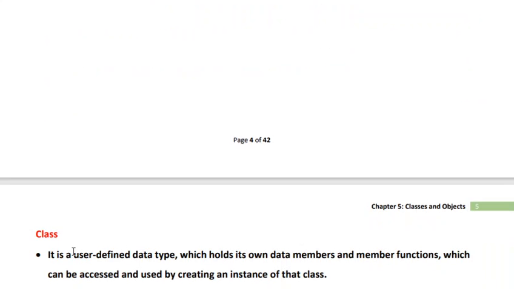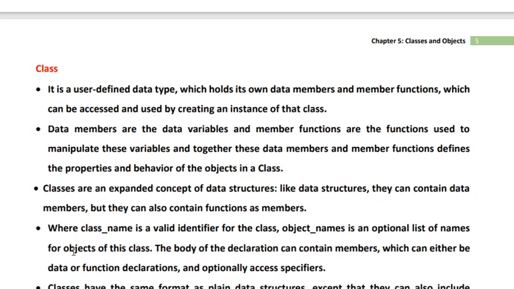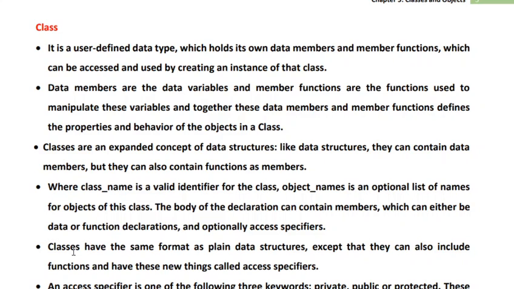Now let us discuss another user-defined data type called a class. As we all know, a class is a user-defined data type which holds its own data and member functions, which can be accessed and used by creating an instance of the class.